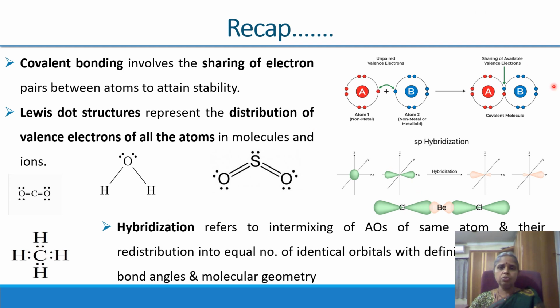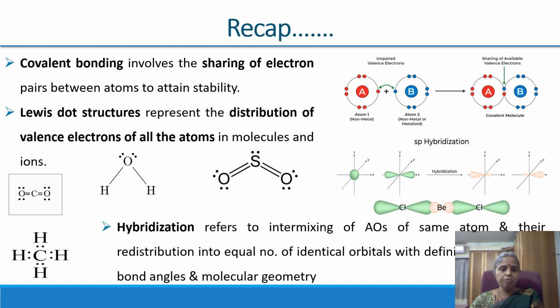So through hybridization we have learnt how to predict geometry: sp hybridization of the central atom leads to linear geometry, sp2 hybridization, planar trigonal geometry, and sp3, tetrahedral. So more or less, by knowing the hybridization of the central atom, we have learned to predict molecular geometries and also the bond angles.